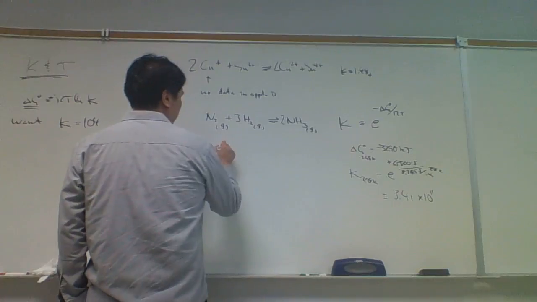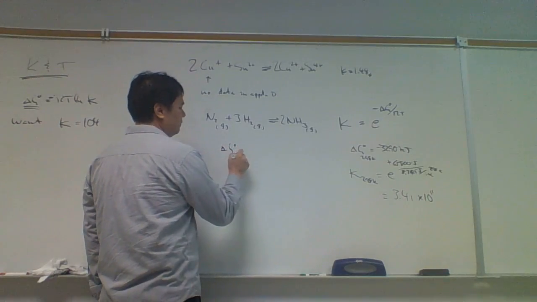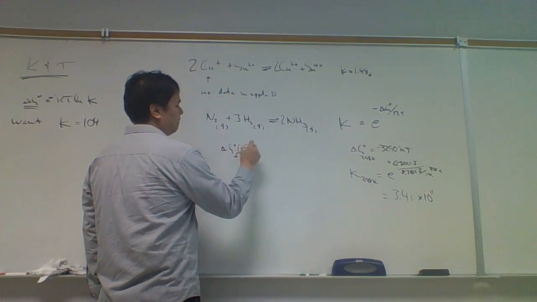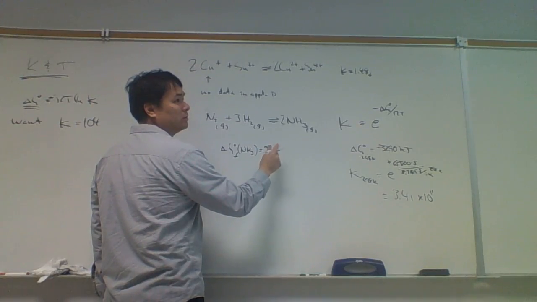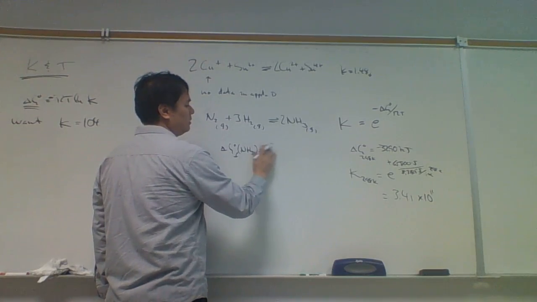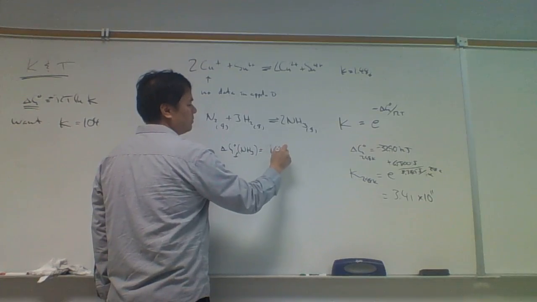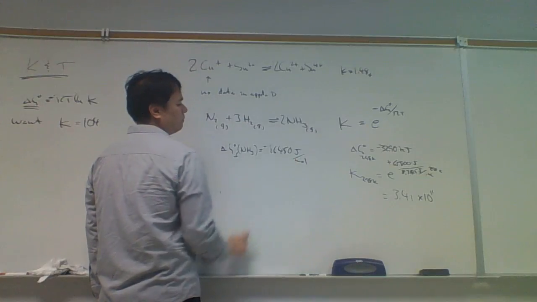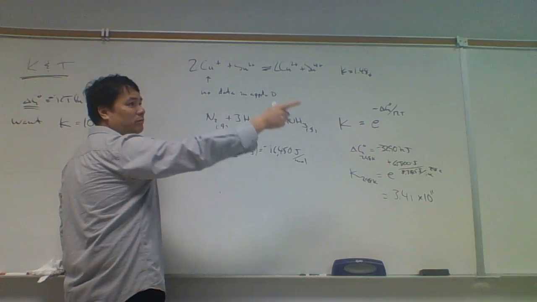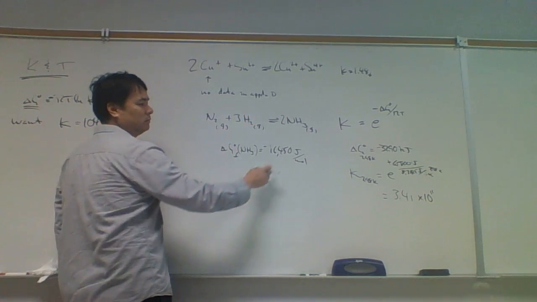Well, this is a formation reaction. So delta G of formation for ammonia is 16,450 joules per mole, or 16.45 kilojoules. You see that?